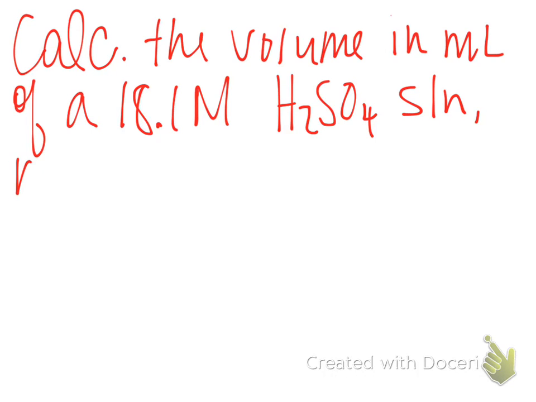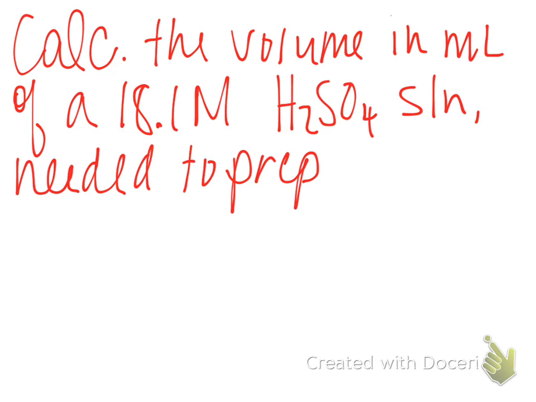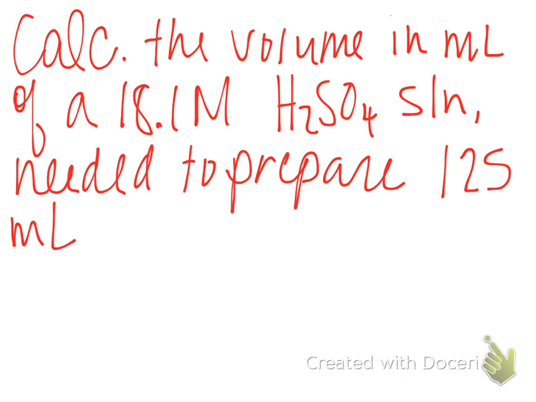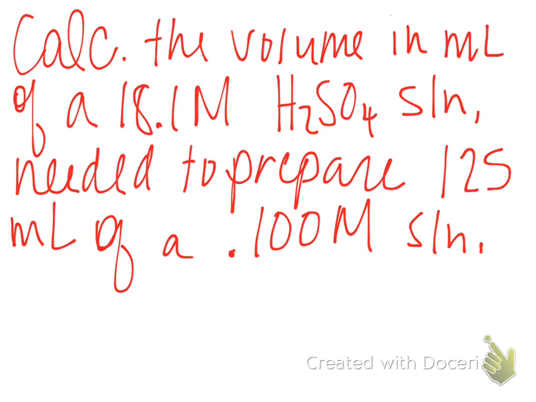Needed to prepare 125 milliliters of a 0.100 molar solution. So how much of this really concentrated solution do we need to add to water to make a final solution of 0.1 molar at 125 mils?